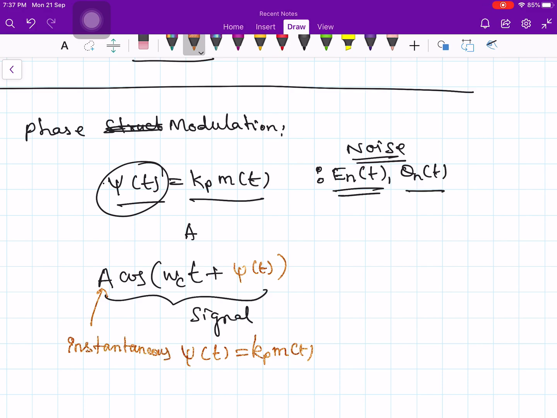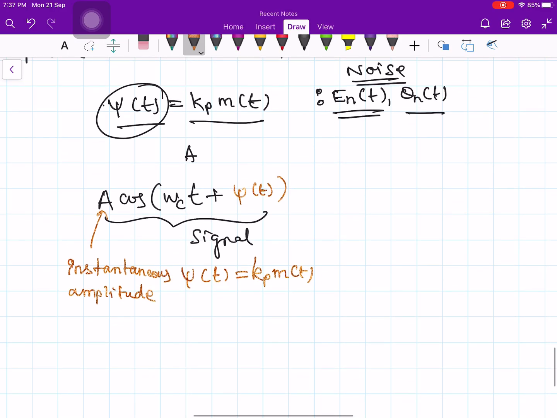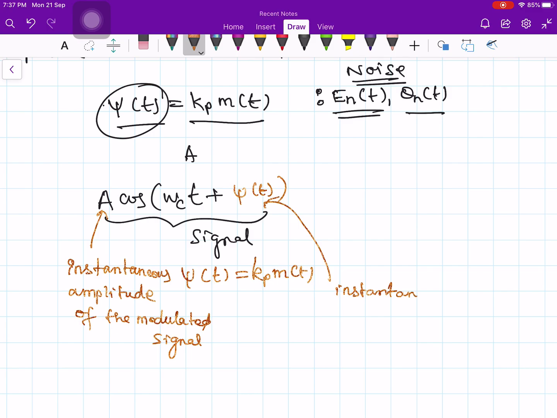And this is my instantaneous amplitude. Amplitude of modulated signal. And this is the instantaneous phase. Phase of modulated signal.